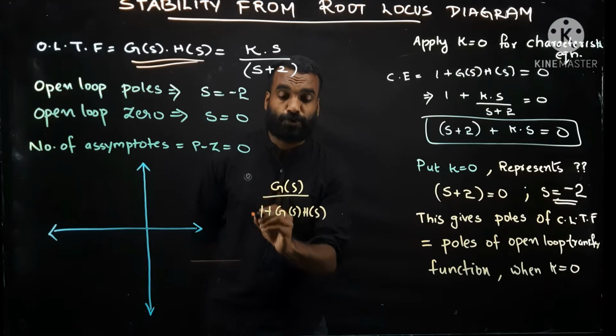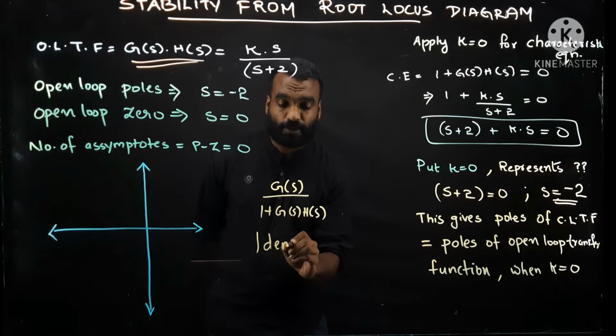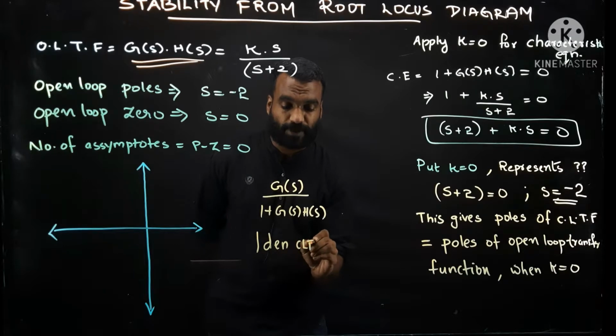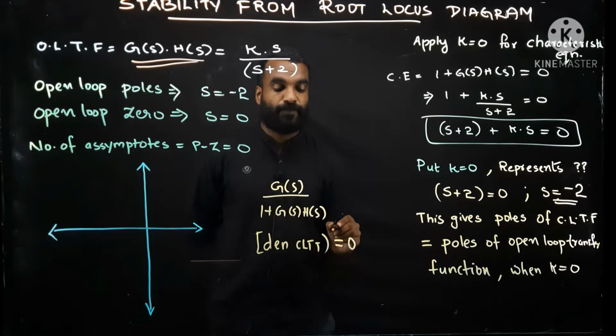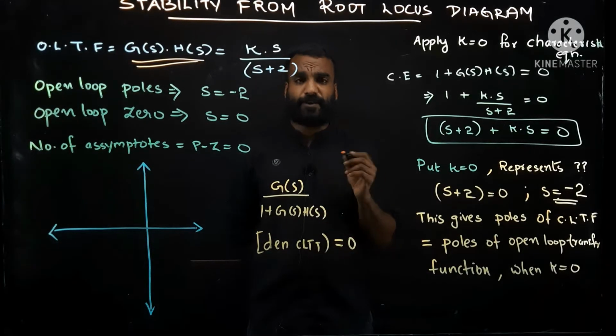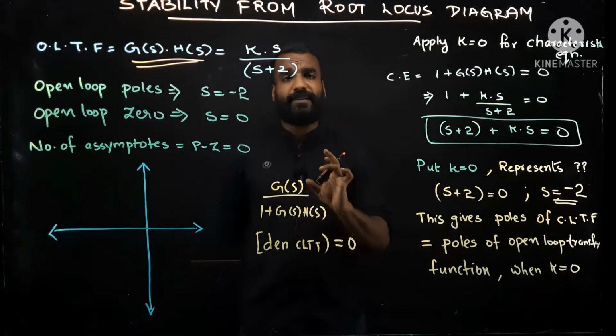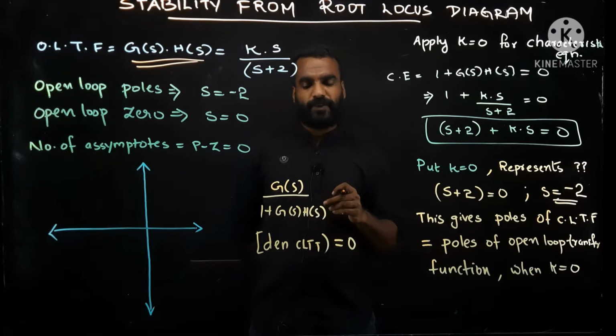This is the closed loop transfer function, and the denominator of the closed loop transfer function equal to 0 gives you the characteristic equation. You take the denominator and equate it to 0.